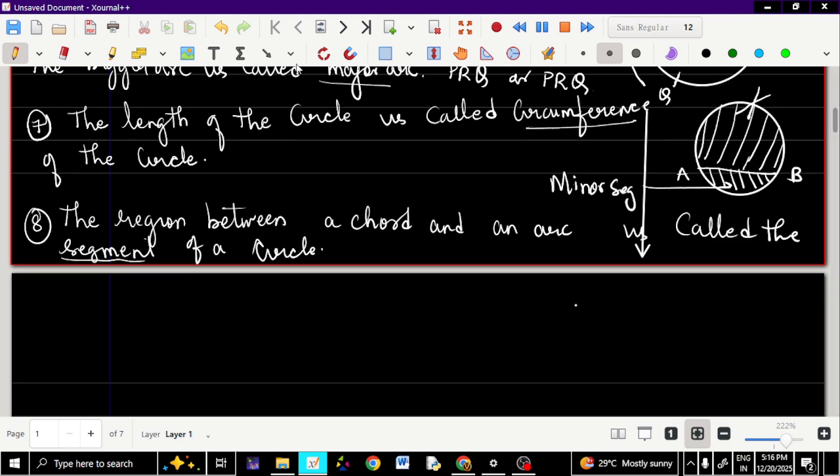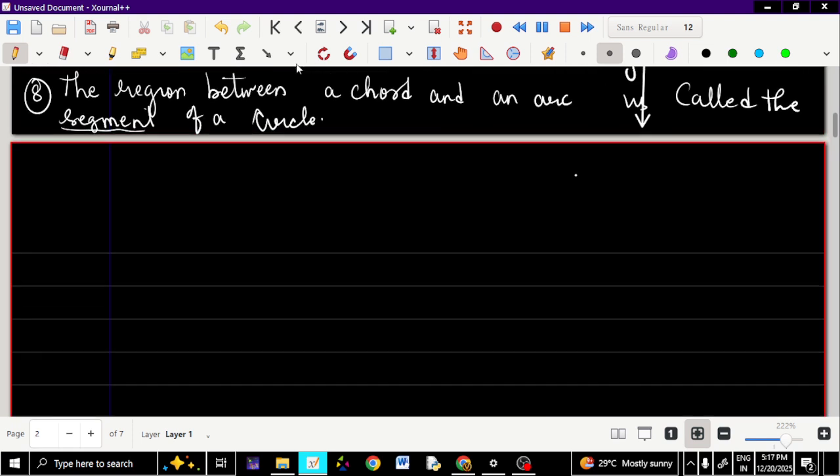And the region between the major arc and the chord is the major segment. So these are the two segments that you have: the minor segment and the major segment.